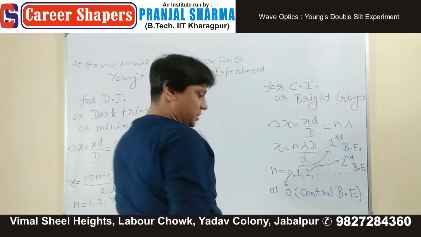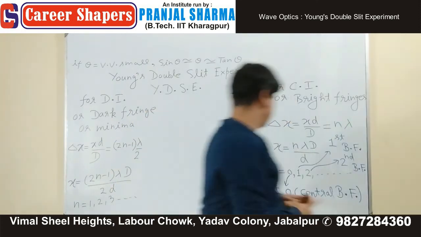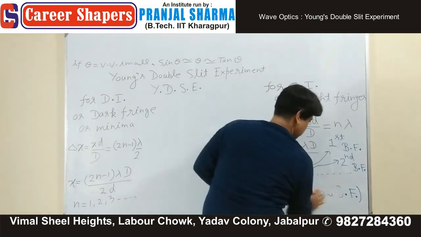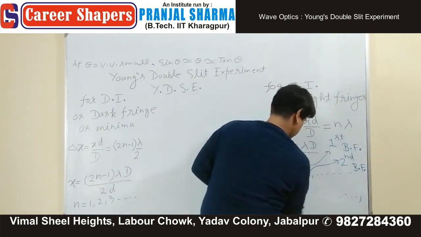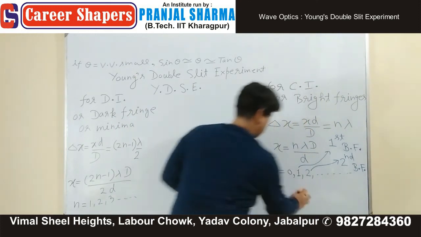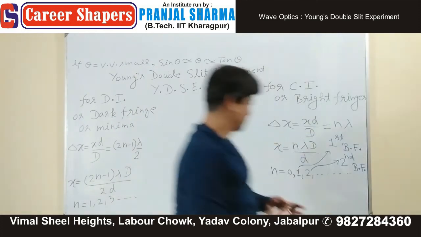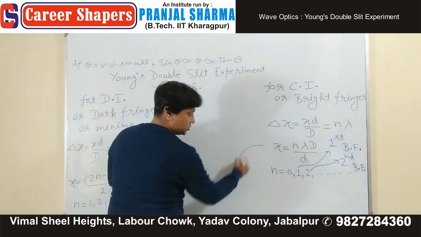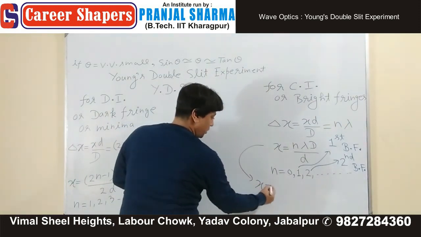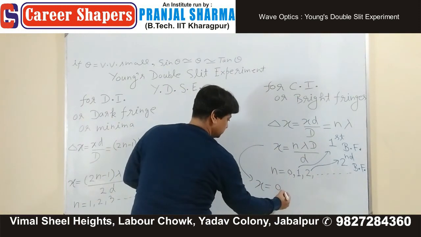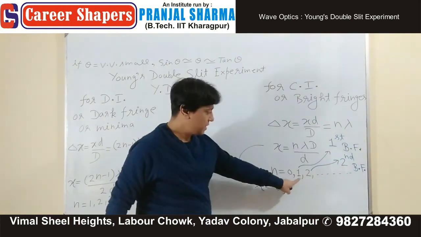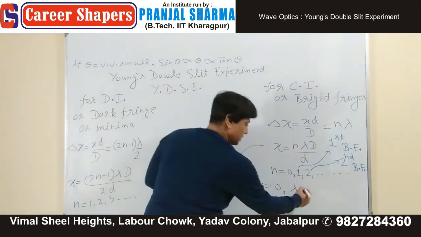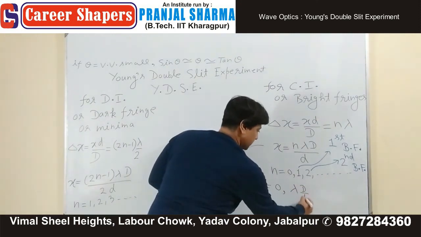Look at these values. The values of x which you get are 0 when n is 0. When it is 1, you get lambda D by d.